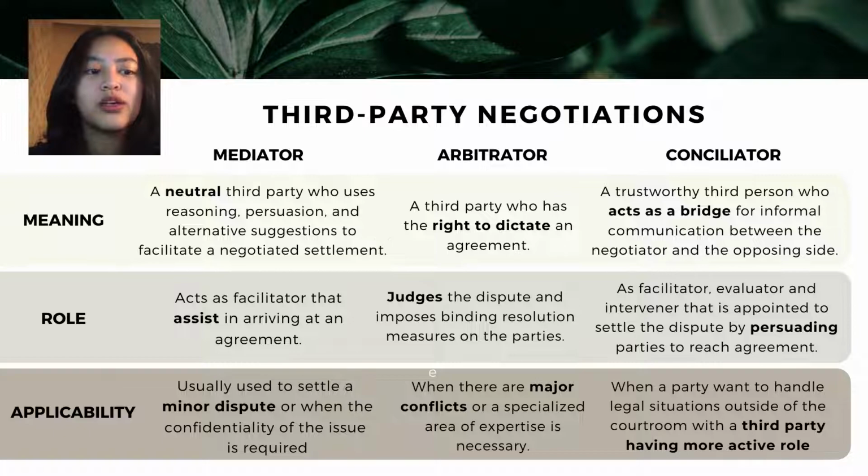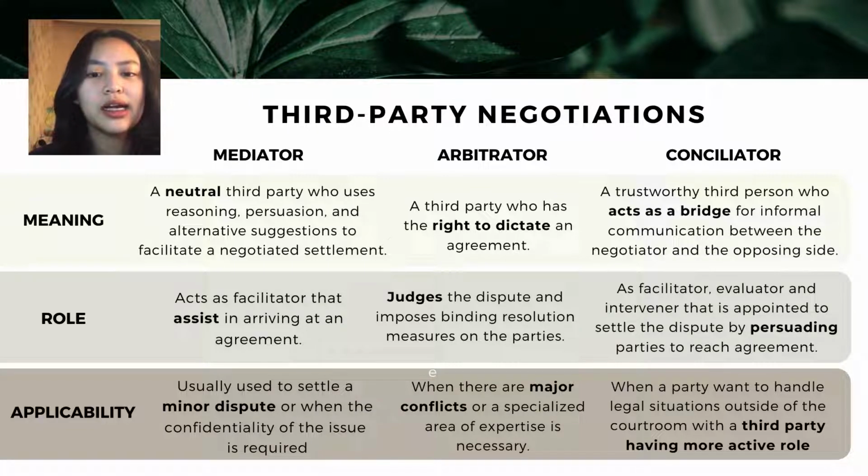Mediation is frequently viewed as an acceptable conflict resolution technique in instances when the parties have an ongoing relationship, as a means of avoiding the kind of harm that the regular court system may create. An arbitrator is a third party who has the right to dictate an agreement. An arbitrator is a judge of the dispute and provides resolution measures which are binding on the parties.